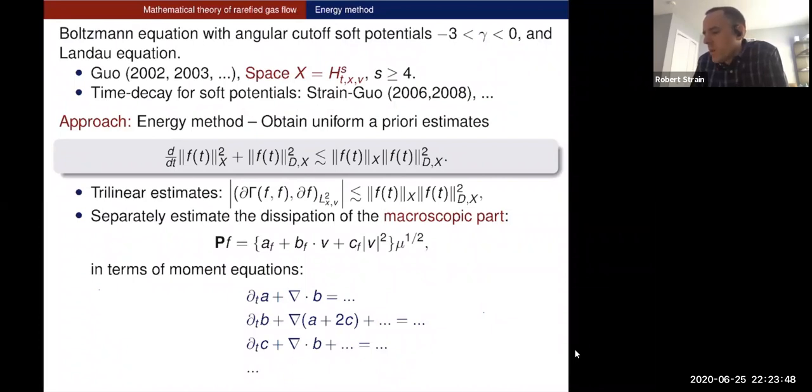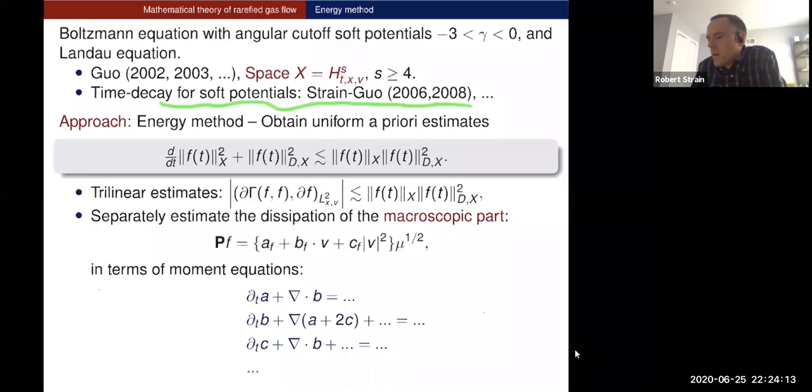I was actually his PhD thesis student at this time when these results were being finished. Then in the space x in H^s for s greater than or equal to 4, Guo proved the global existence of solutions. Later in collaboration with him, we proved the time decay to equilibrium.